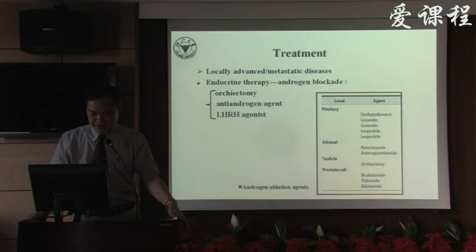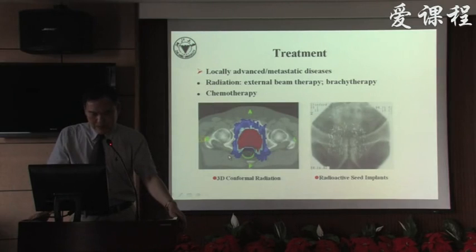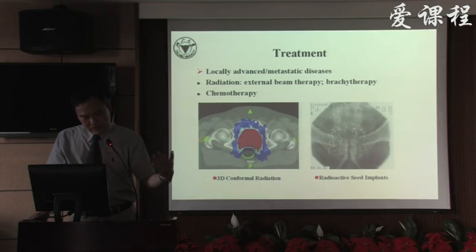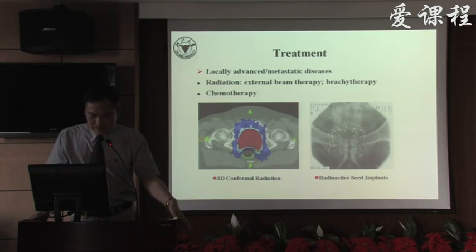So we can block the androgen through orchiectomy, through anti-androgen agents, through LHRH agonist. And for locally advanced or metastatic disease, we can also use other treatments.